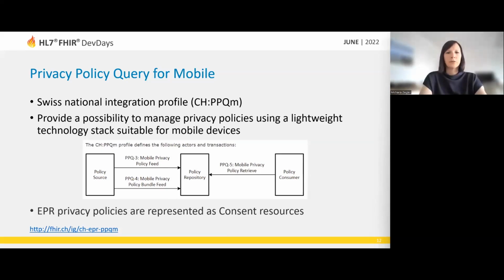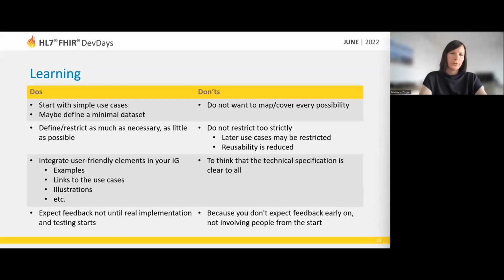The actors and transactions shown here are described in detail in the corresponding IG. The requests and responses are realized as FHIR bundles, and the EPR privacy policies themselves are represented as consent resources. That was a brief insight into a few of the Swiss implementation guides.